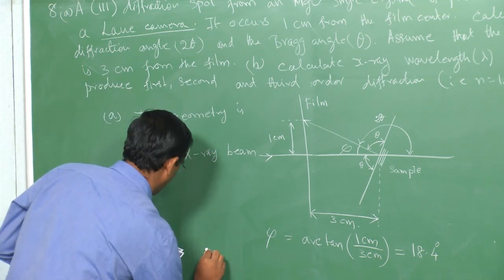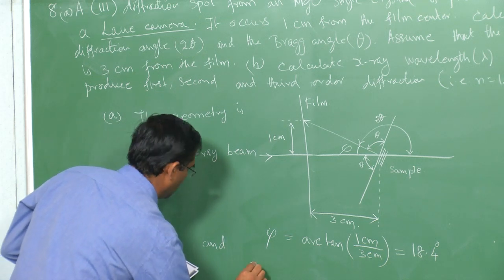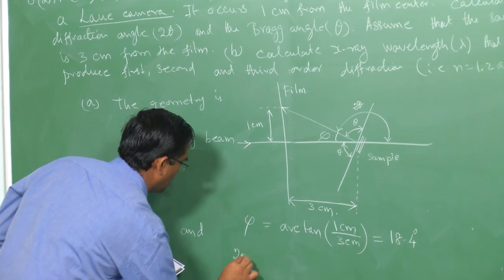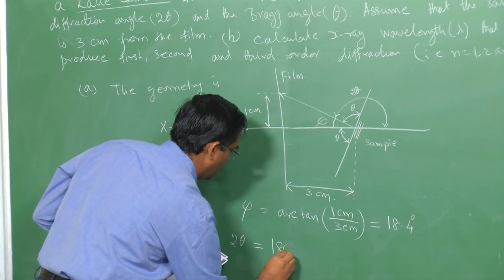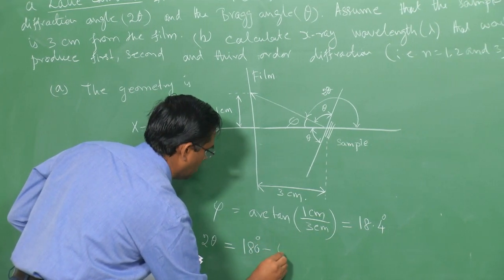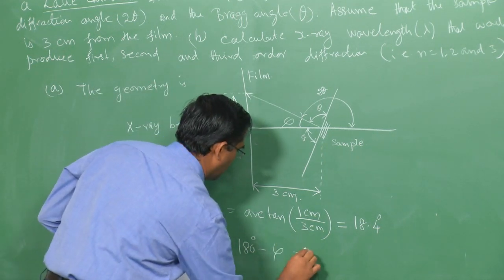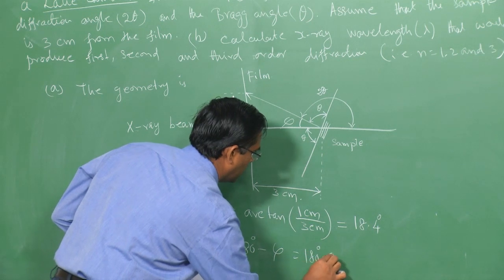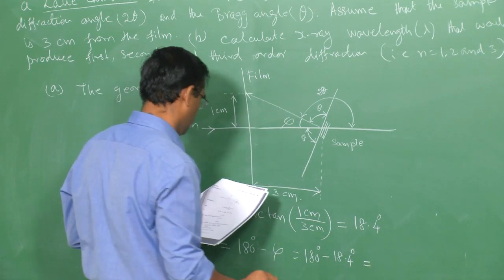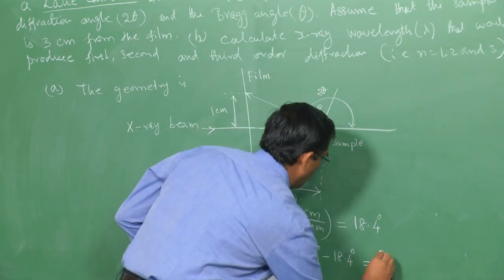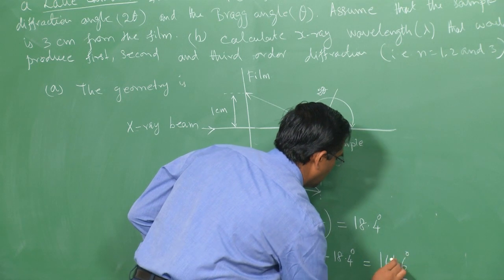And our interest is to find out theta. So, 2 theta is equal to 180 minus phi, that is 180 minus 18.4 degree, which is equal to 161.6 degree.